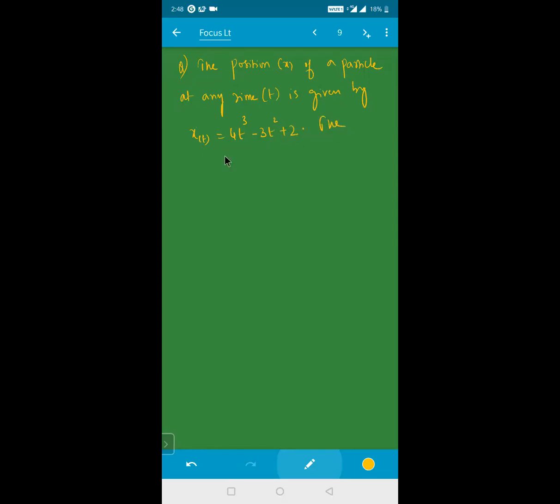The acceleration and velocity of the particle at any time t is equal to 2 seconds will be.